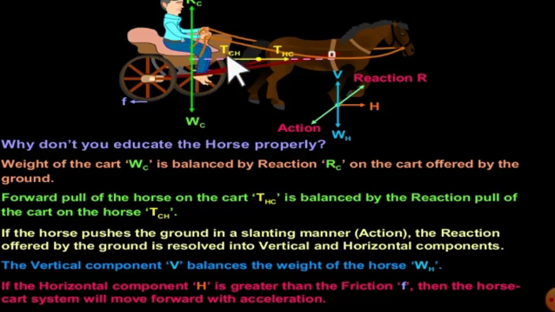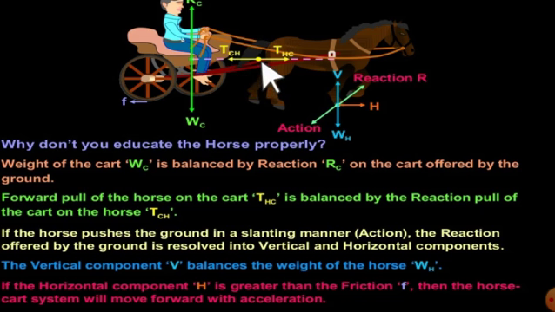And the tension in this stick or rope, whatever it is, connecting the cart and the horse, let's denote that force by TCH. That means this TCH is the reaction pull of the cart onto the horse, okay.